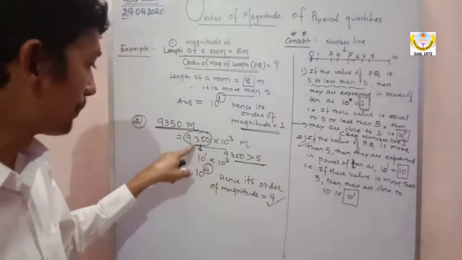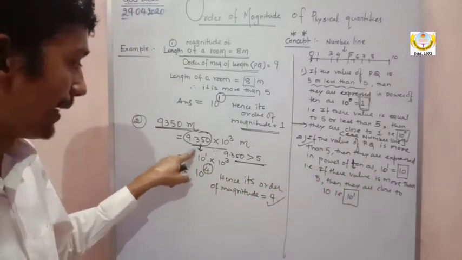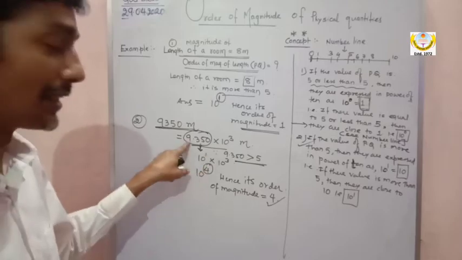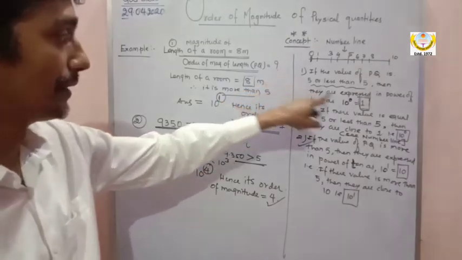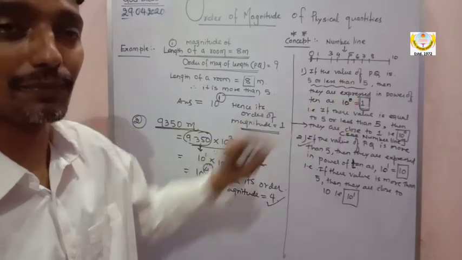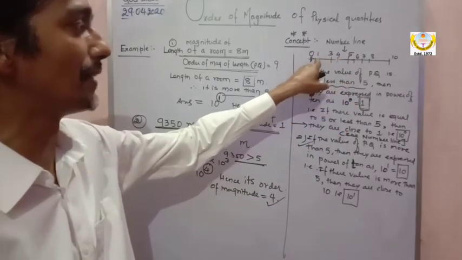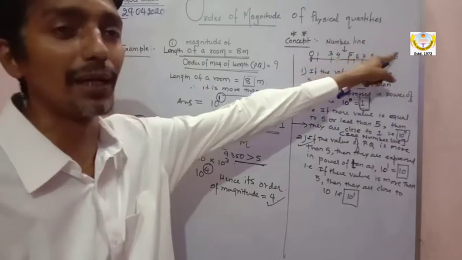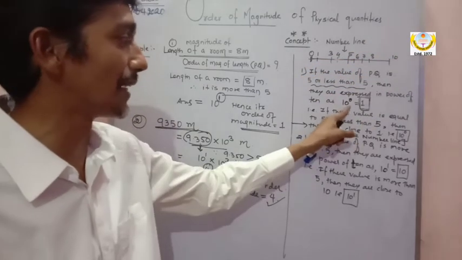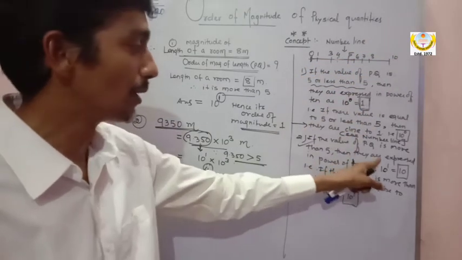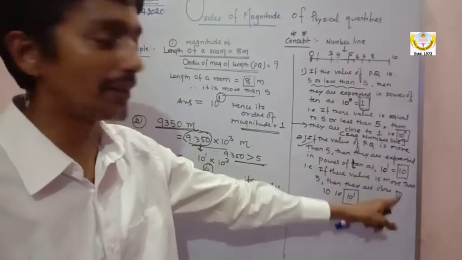So here my dear, 9.350 is more than 5, so I will write this as 10 power 1. But if it is less than 5 or equal to 5, then I would have written 10 power 0. And why? Because I told you that if it is less than 5, they are close to 1. If they are more than 5, they are close to 10. Close to 1, so 10 power 0. Close to 10, so 10 power 1, that is 10.